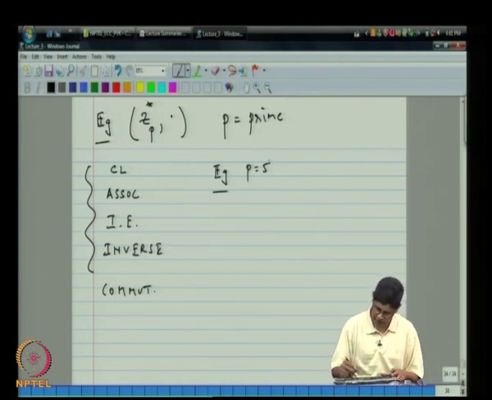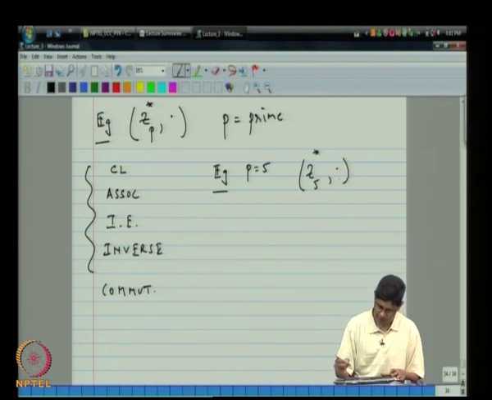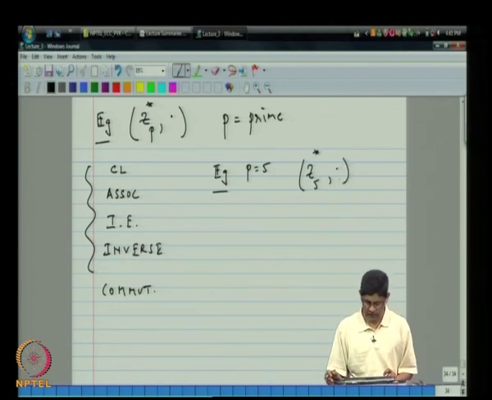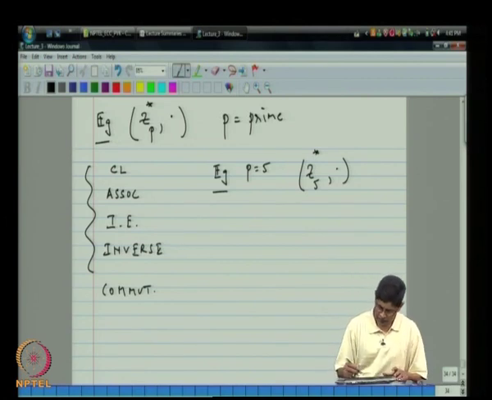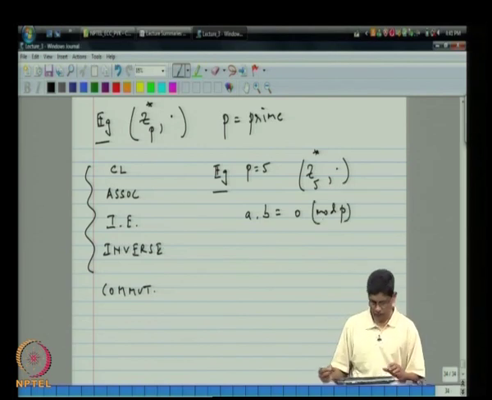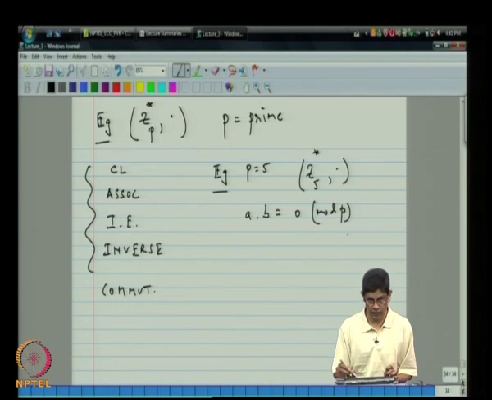So, it is an example within an example. It is Z_5 star with multiplication, and now the question is, is it closed? Is it possible that A times B is 0 mod P without either A or B being 0 mod P?